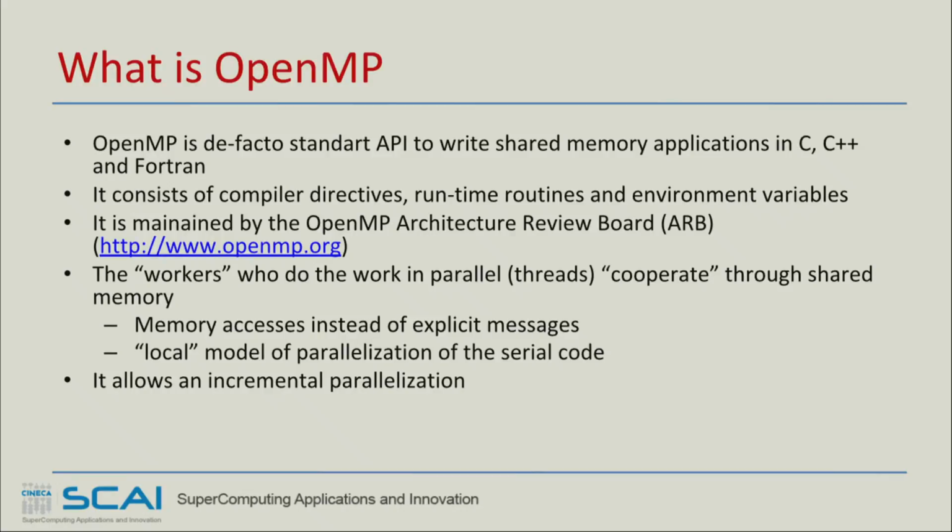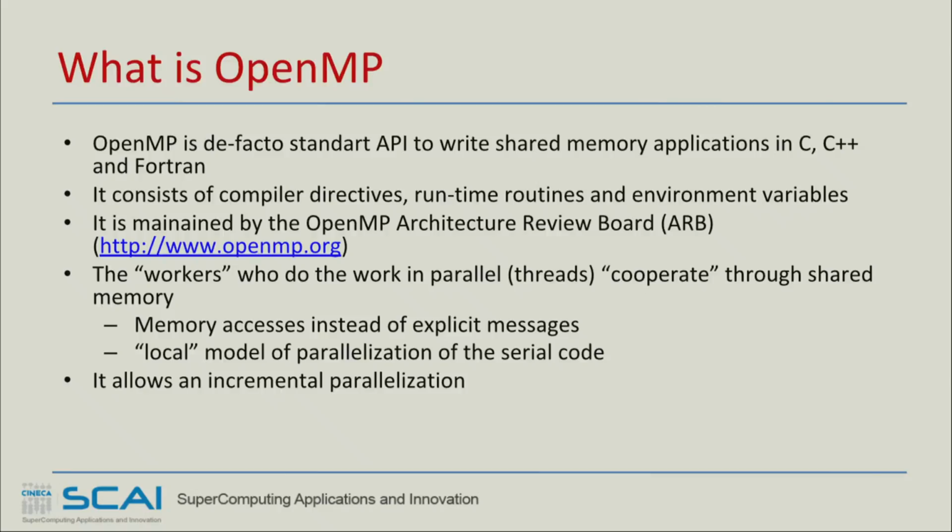So what is OpenMP? OpenMP is a standard. So the standard is a collection of instructions and rules that are elaborated by the OpenMP Architecture Review Board year by year. So this standard consists of compiler directives, but also runtime routines and environment variables.